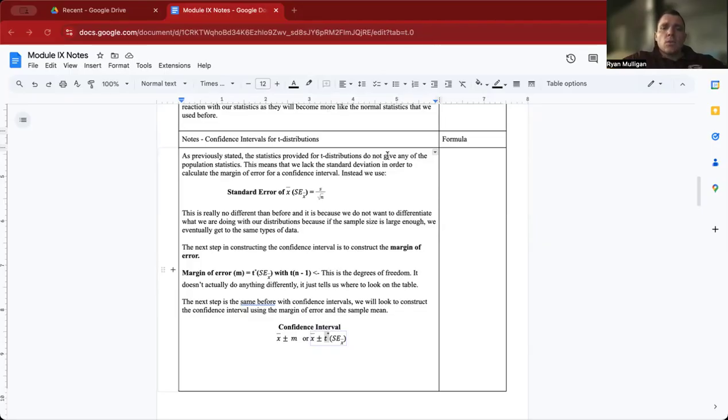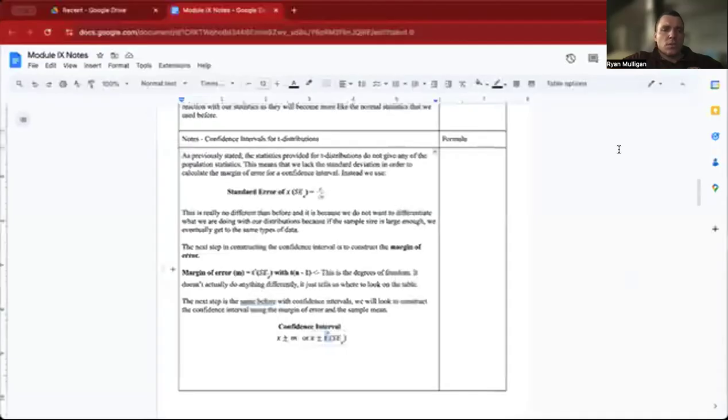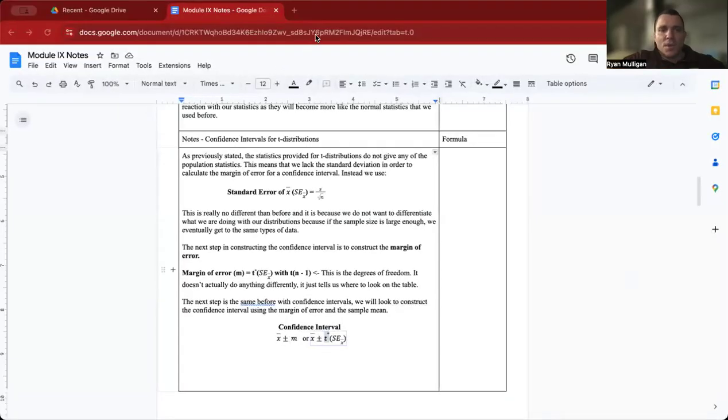What this table shows us is for a 95% confidence interval, when I have 14 degrees of freedom, I go up and look at 14. My T star value is going to be 2.145. So 2.145 is what I'm using. I'm sorry if you're getting dizzy, going back and forth, right?